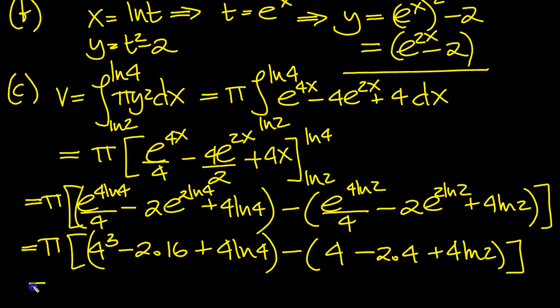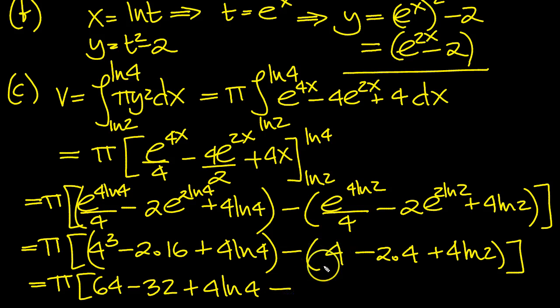So what have we got then? We've got pi, now let's expand everything, 64 minus 32 plus 4 log 4 minus the 4, well this is 4 minus 8, so that's minus 4, so it becomes plus 4, doesn't it, when we combine these? And then we've got minus 4 log 2. So that's what we've got then.